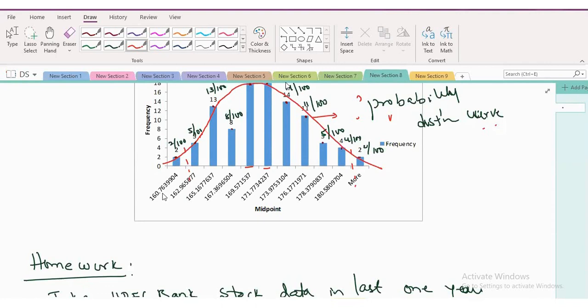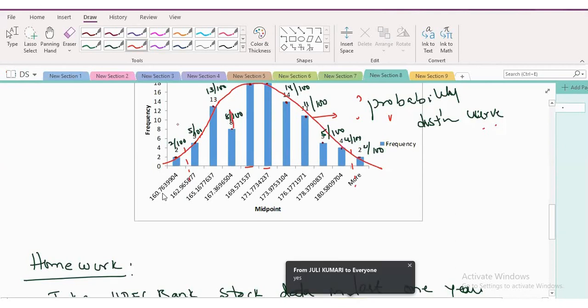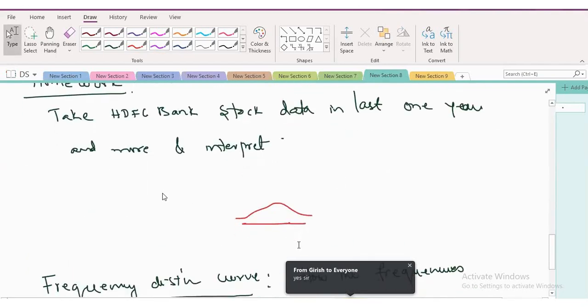This is only the sample curve. If I collect another sample, maybe this may come a little high, and at that time I will draw like this. This is a sample curve, so try to have a smooth curve. Make sense?